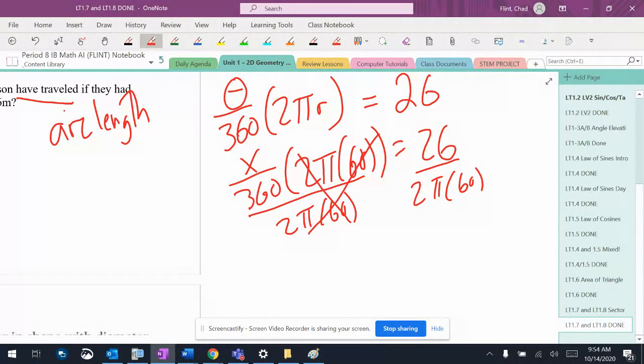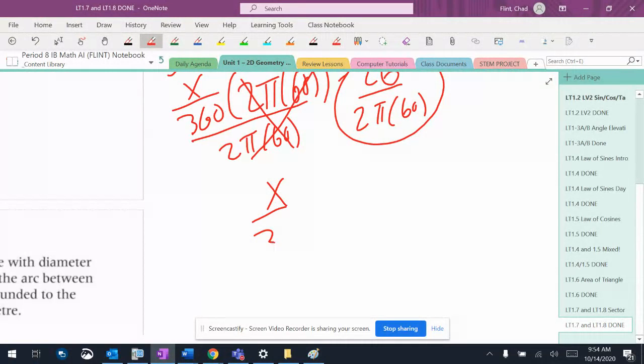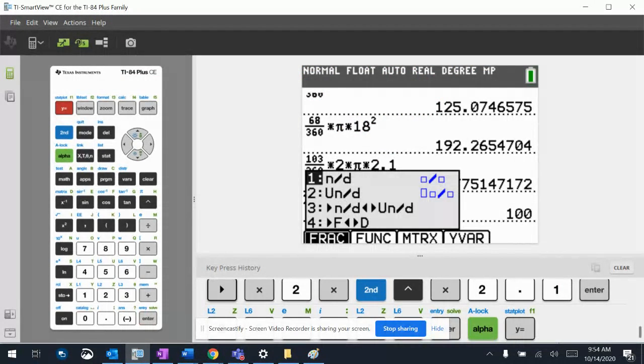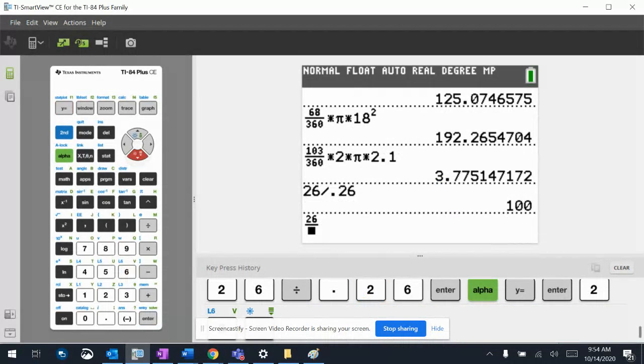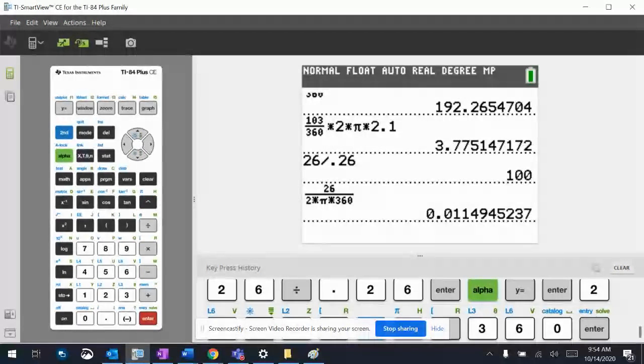And I'm literally going to type this into the calculator. So I'm going to get x over 360 equals 26 on top, 2 times pi times 60 on the bottom. So it's 0.011 blah, blah, blah.